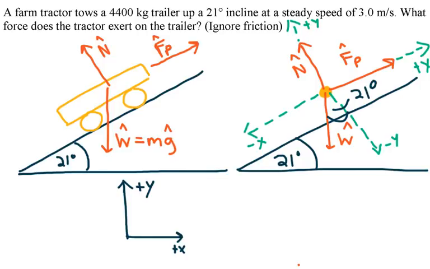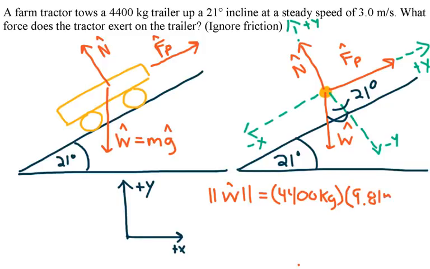So in this case, the magnitude of the weight will be equal to 4,400 kilograms times g, which is 9.81 meters per second squared.